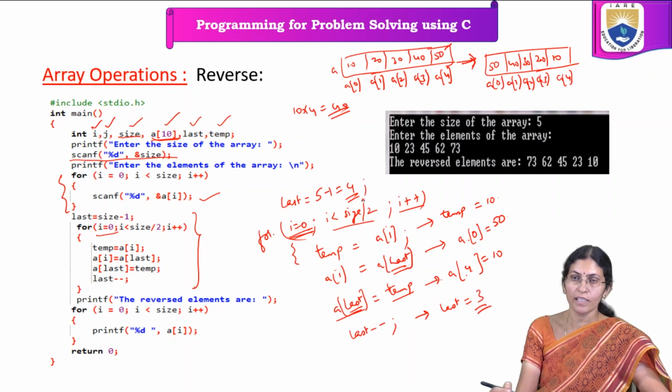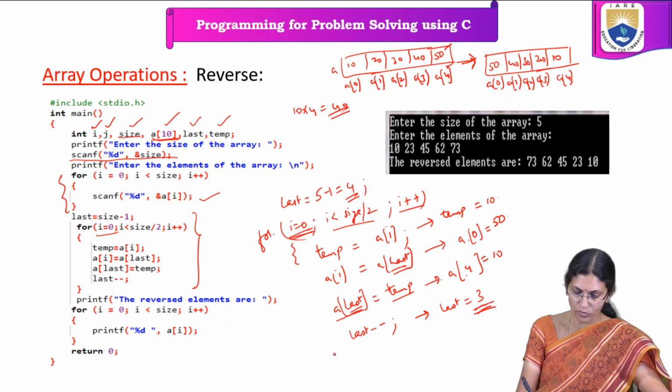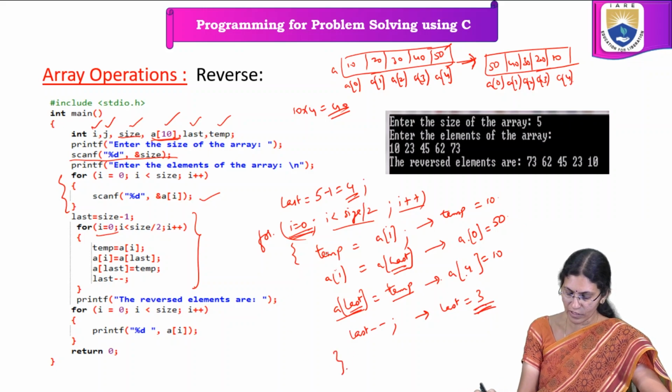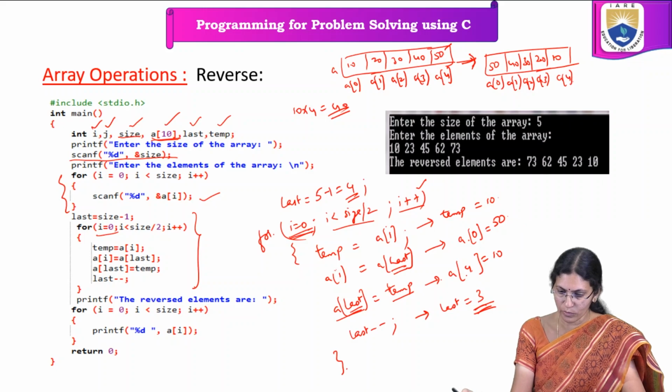At the start we had taken 4, so next it will be 3. With this, the loop will repeat. In the next iteration, the i value will be incremented by 1, so i is equal to 1 now. What we are doing here is swapping the values in the array.